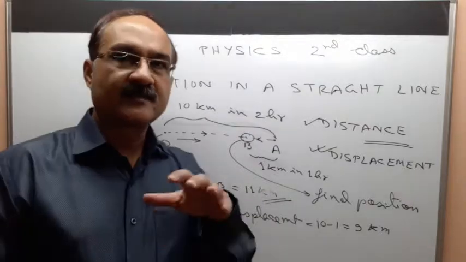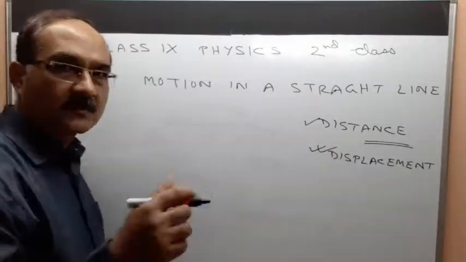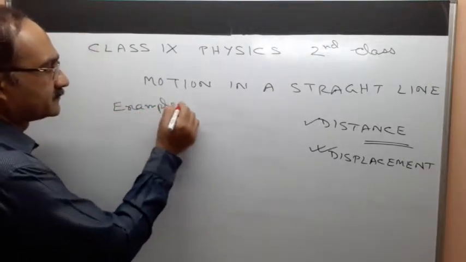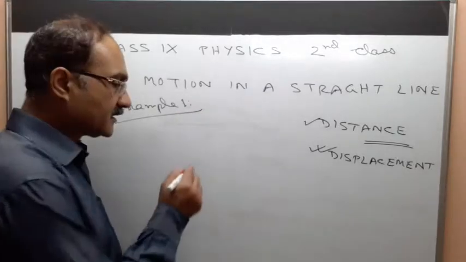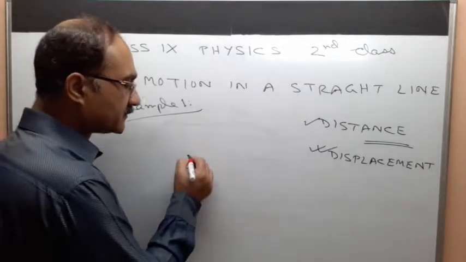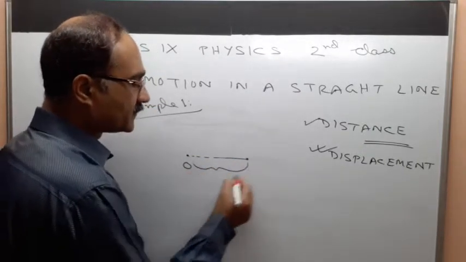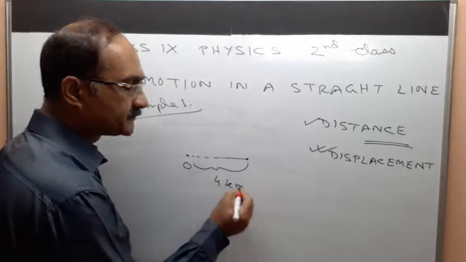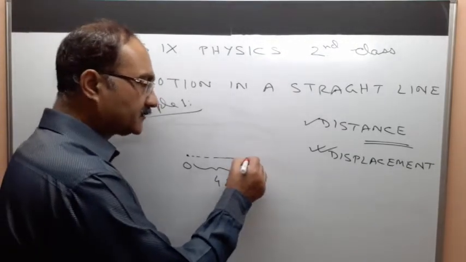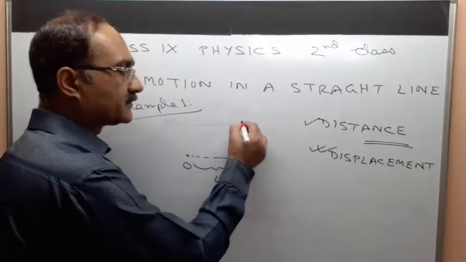Okay? Let me take 2-3 more examples to make it clearer to you. Example 1. Say a body has started from O, it has moved in this direction for 4 kilometers. Okay? Then from here it went in this direction.